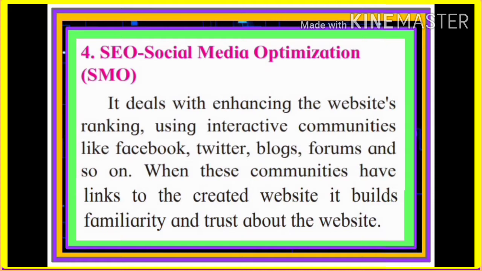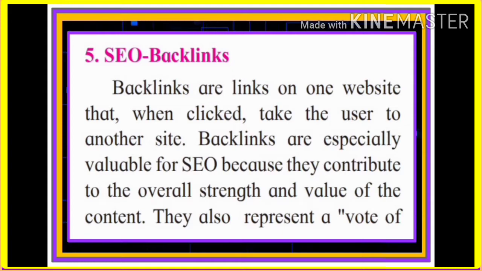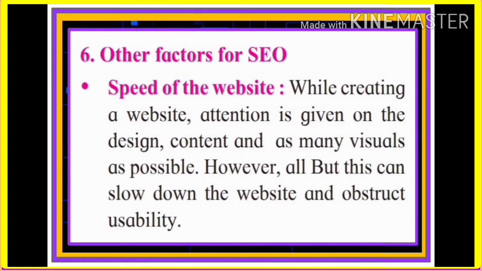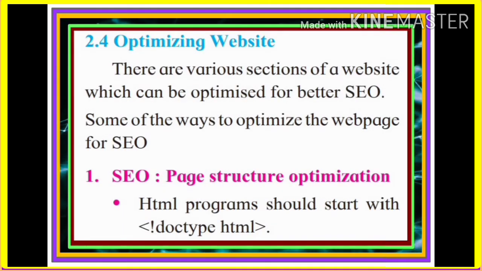Fourth, SEO social media optimization, that is SMO. Fifth is SEO backlinks. Sixth, other factors of SEO. So by using these 6 ways, you can optimize your website for better SEO.